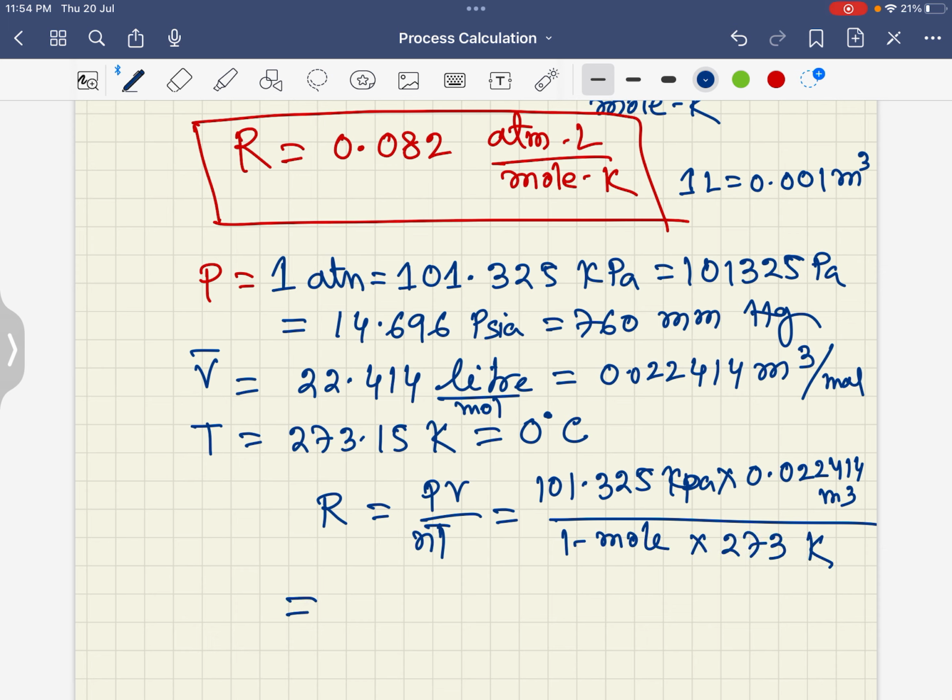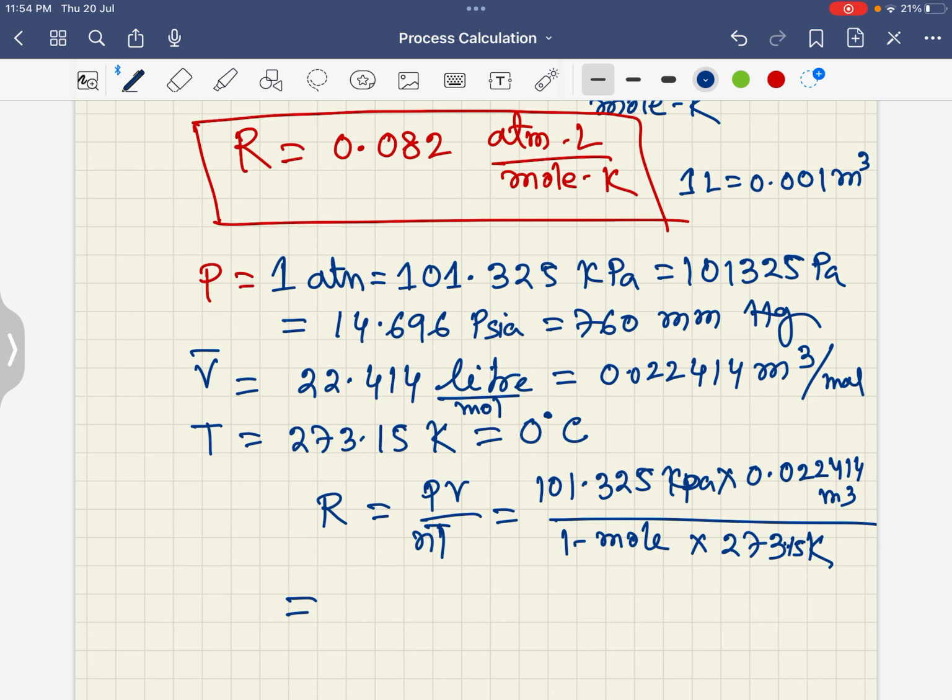So we can get 101.325 into 0.02414 divided by 273.15.